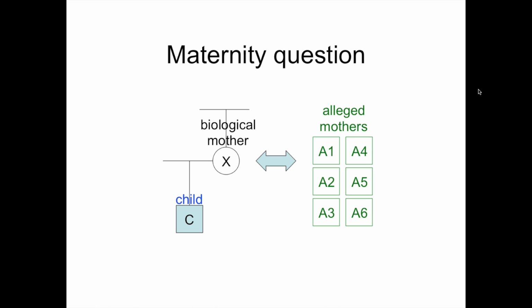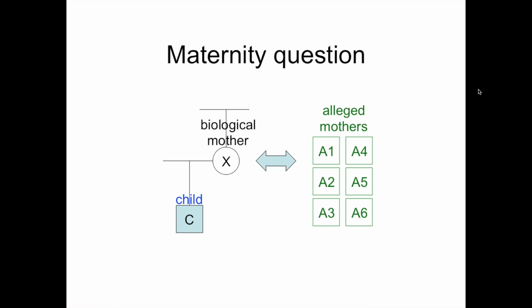And the way to solve this problem is by, on the left, having a pedigree, the kinship information, and asking what is the inferred genotype of the biological mother of this child. So what is the probability distribution, or the genotype of the unknown variable X?